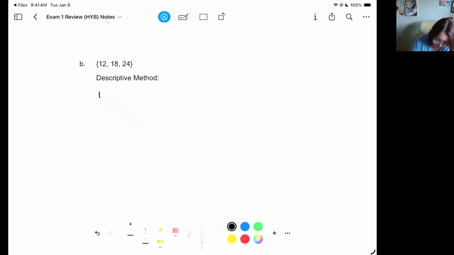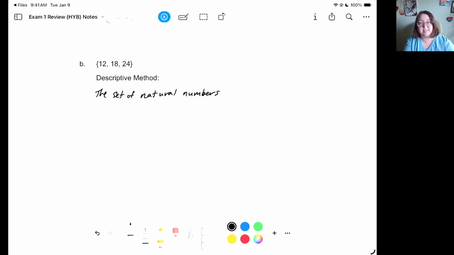So x is a natural number. Or instead of saying x, another thing you could say is we could say the set of natural numbers.